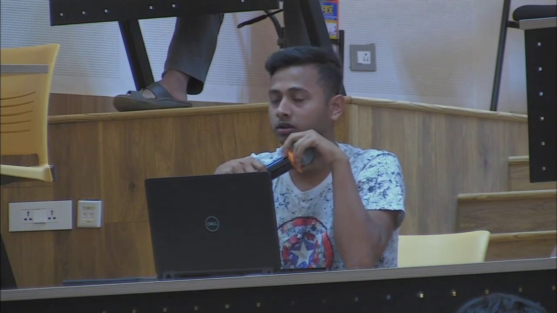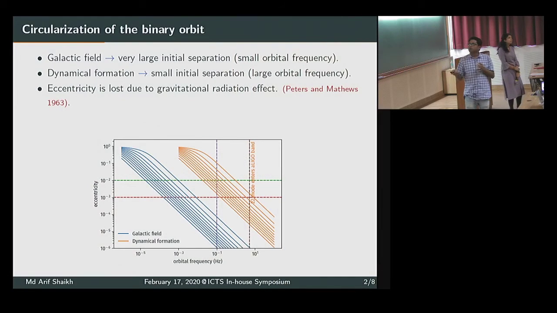No, so in an actual scenario, there will be a distribution of initial eccentricity and initial frequency. But broadly, you can separate. I mean, there will be many more black holes in a dynamical situation, which will have small frequency. So in the actual case, there is a distribution, but there is a distinction.